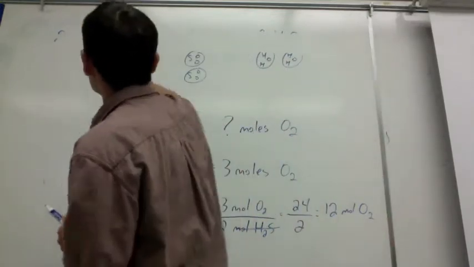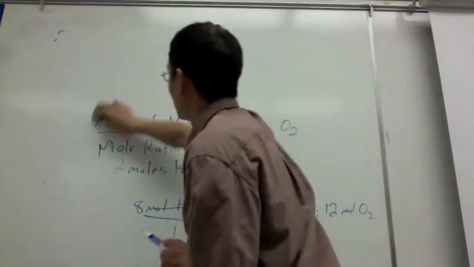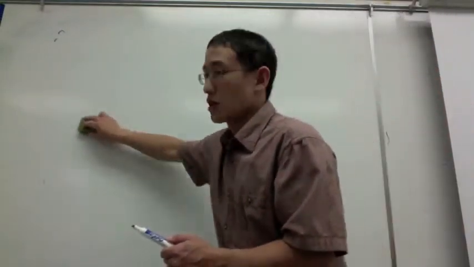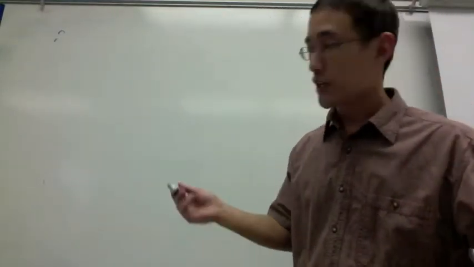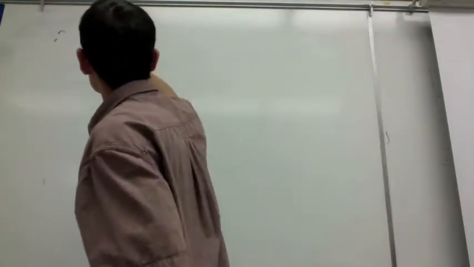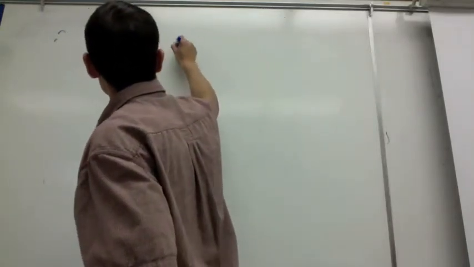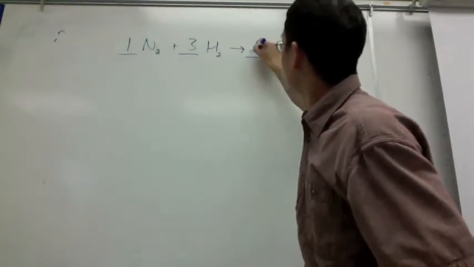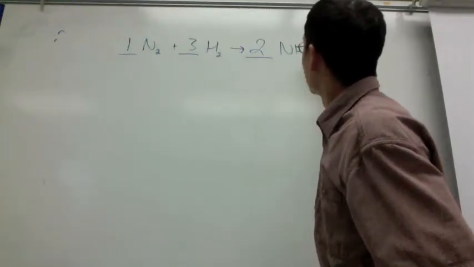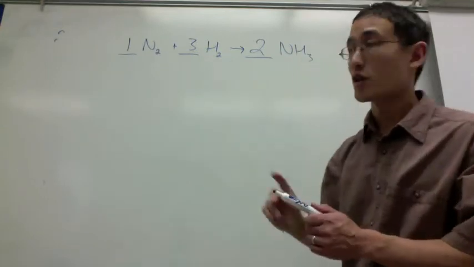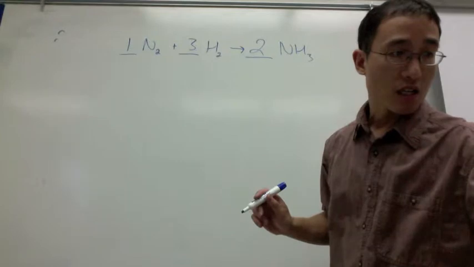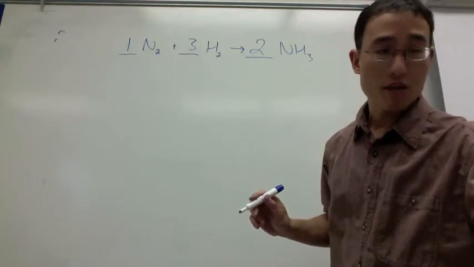Now if you look at question number 2 of the problem set, question 2 has nitrogen. This is the formation of ammonia from nitrogen and hydrogen, and it asks how many moles of ammonia can be made.